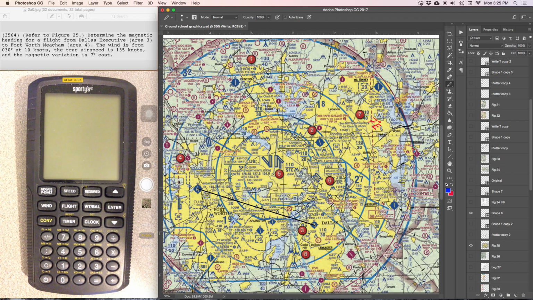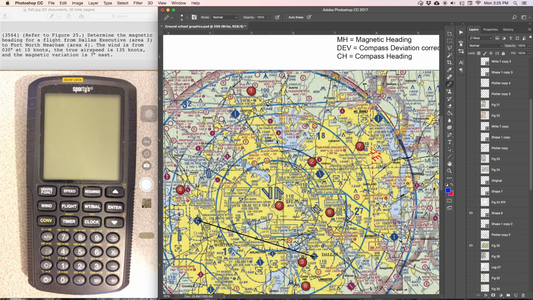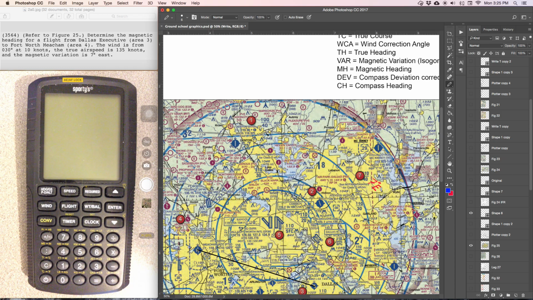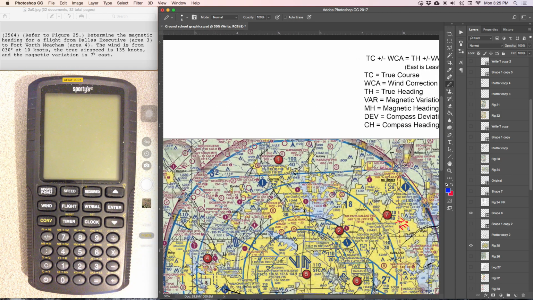After I draw this true course, I like to estimate what that heading is going to be, just so I get an idea and can compare it to what I figure out with the plotter. I'm going to estimate that it's about 290 degrees.